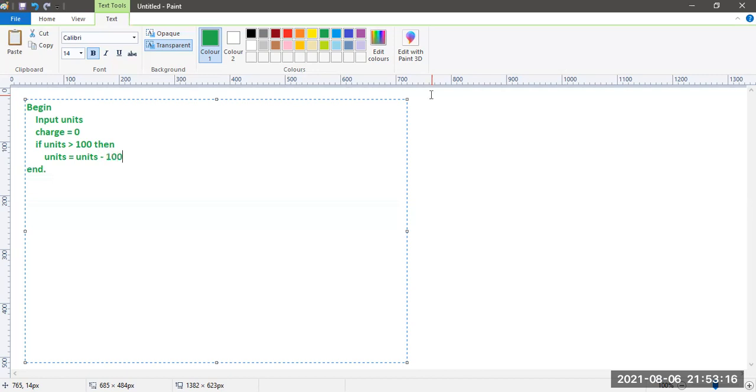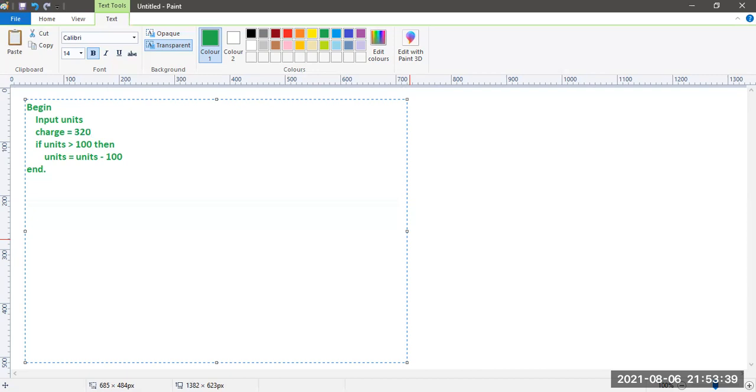So now you can charge for the rest. The first 100 we are not charging. The rest of the units will be taken here and you are going to charge for that. How much are we charging? 2.75. Now the charge will not be 0, let's take 320.